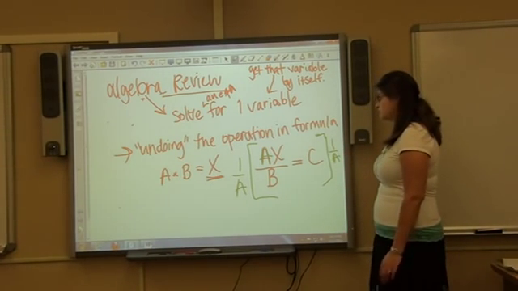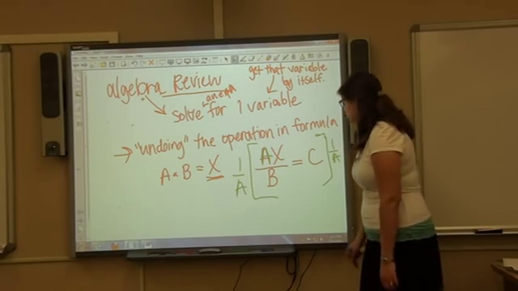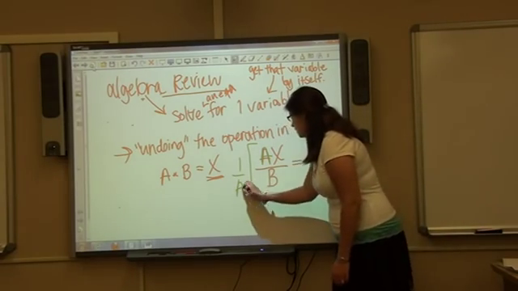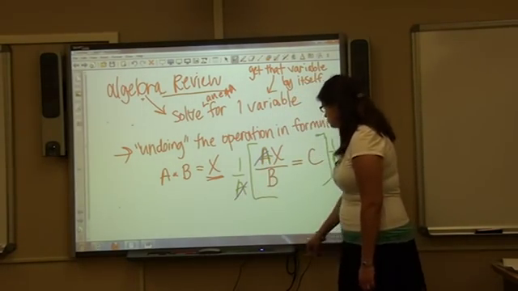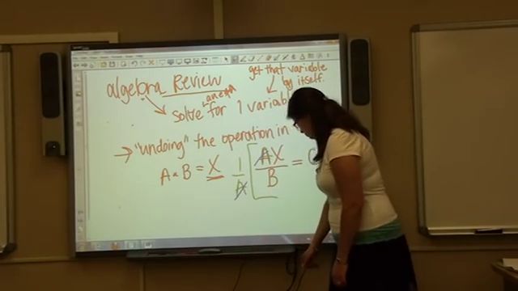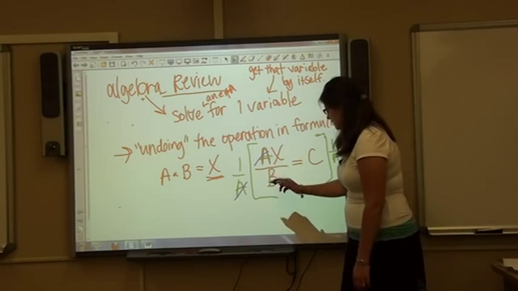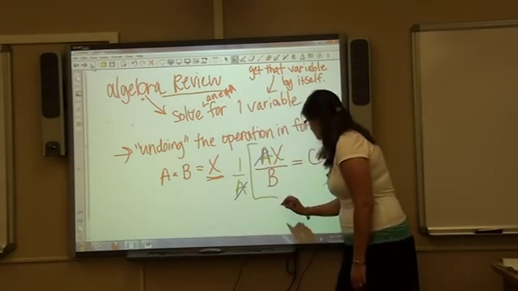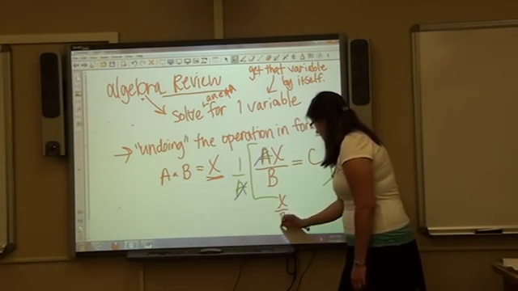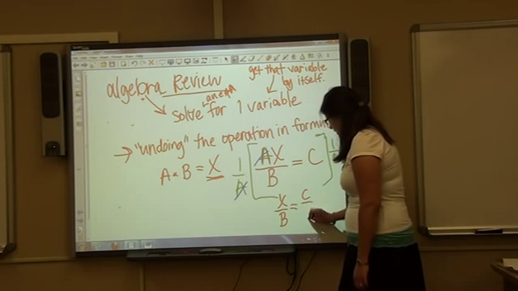So I'm going to divide both sides by A. That is going to cancel out those two A's. And that means that I'm left with, on the left side, X divided by B equals C divided by A.